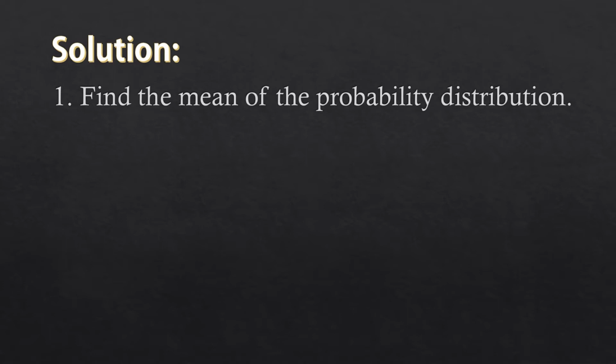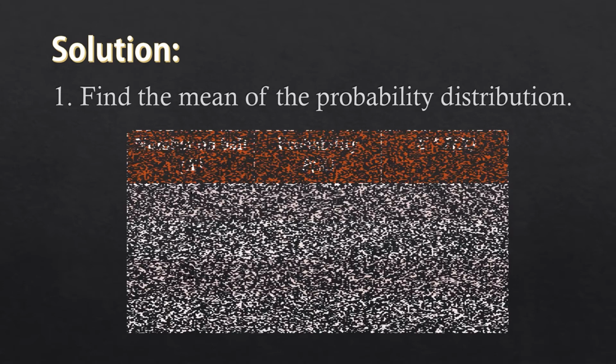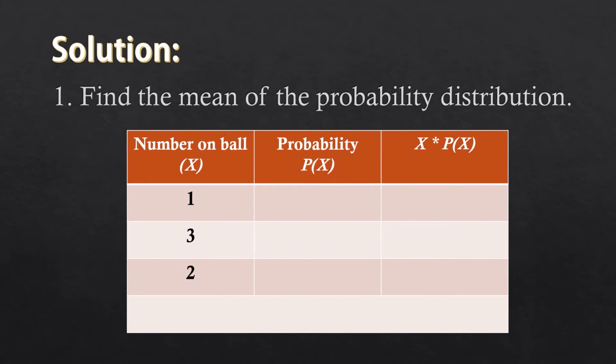But first, we need to have our probability distribution, right? So we have the number on the ball, those are the values of our random variable x.